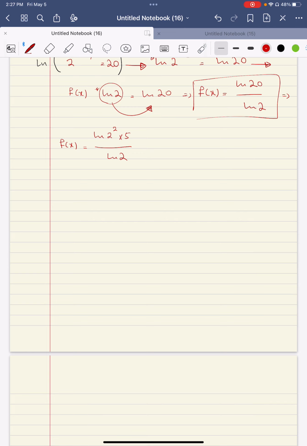Let's go step by step. ln of 4 times 5. 4 times 5 is 20. I wrote it as 4 times 5. Then it will be f(x) equals ln of 4 times 5.